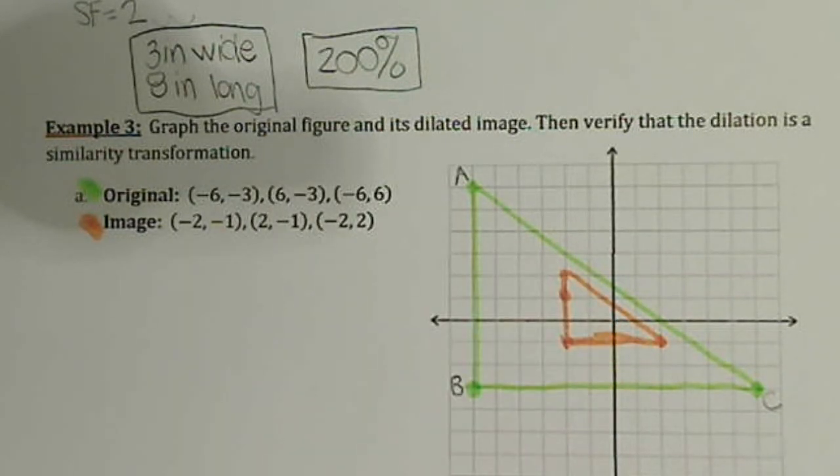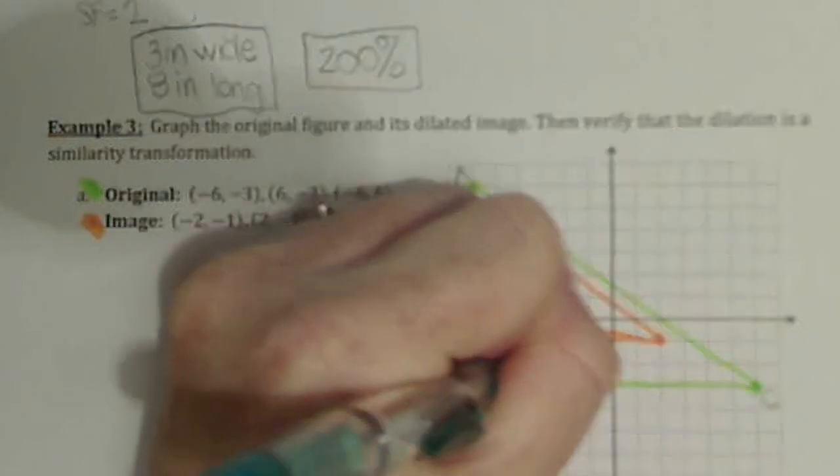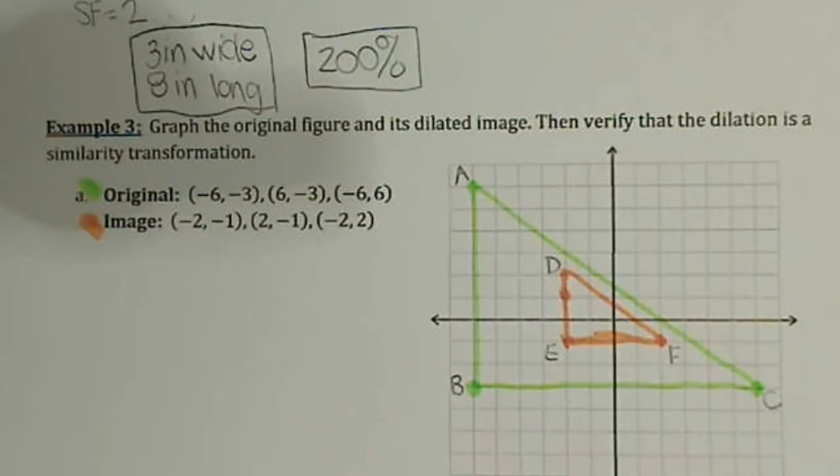Okay, I am going to label this triangle D, E, and F. Okay, so I can see that obviously they're both triangles, but in order to be similar, remember you have to use the either angle, side, or side similarity theorems to prove it.